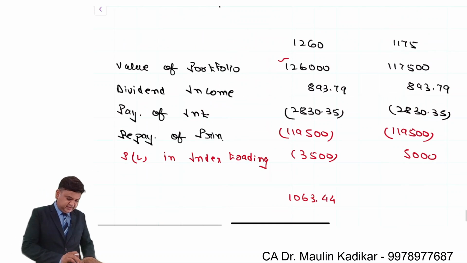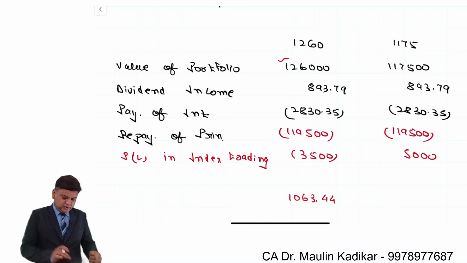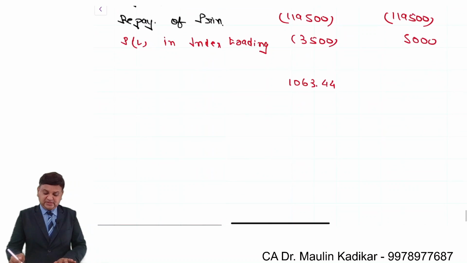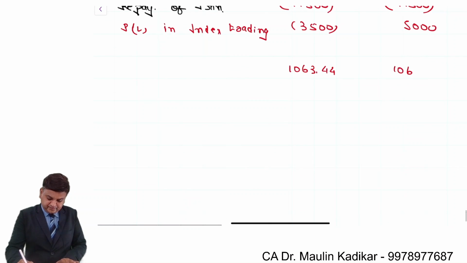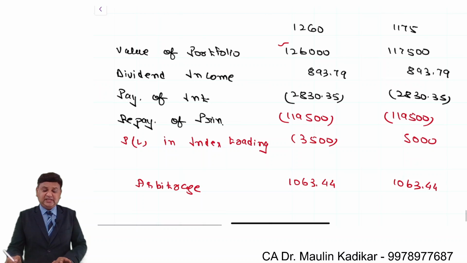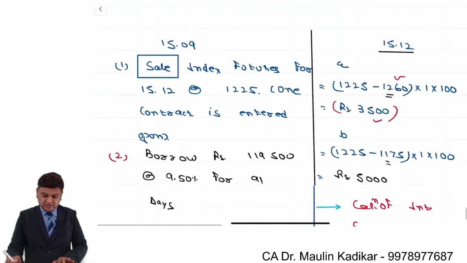Next, 1,17,500 plus 893.79 minus 2830.35 minus 1,19,500 plus 5,000. So that comes to once again 1063.44. And this is what we understand as arbitrage. Whether the price increases or price declines, in either of the case you make a profit.